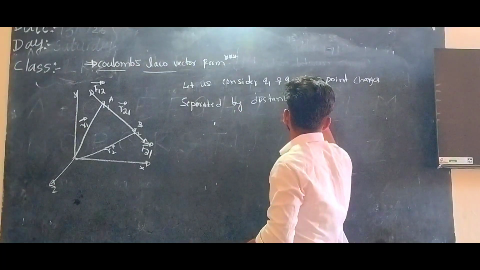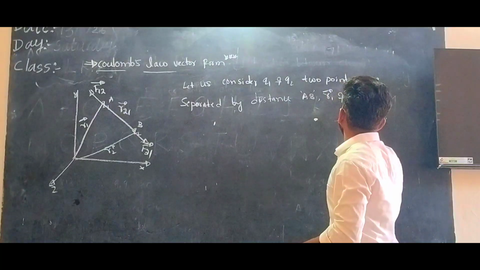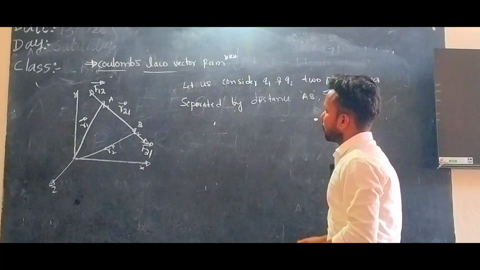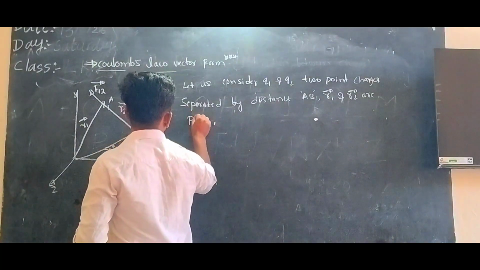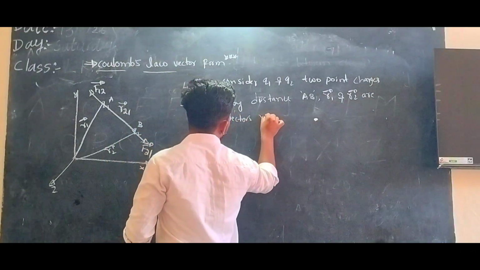R1 and R2 are position vectors respectively.